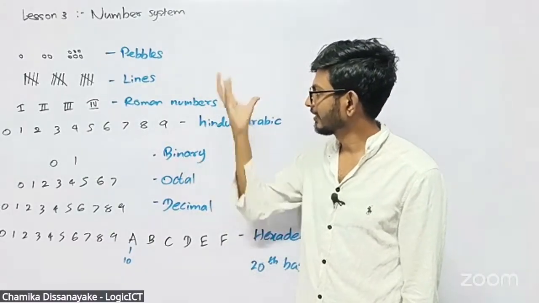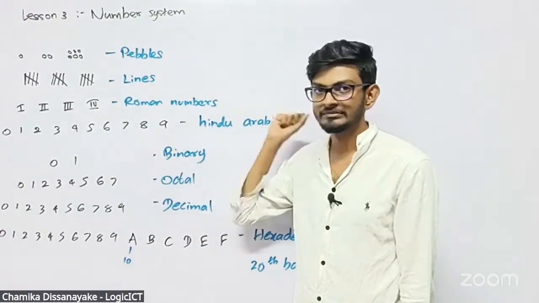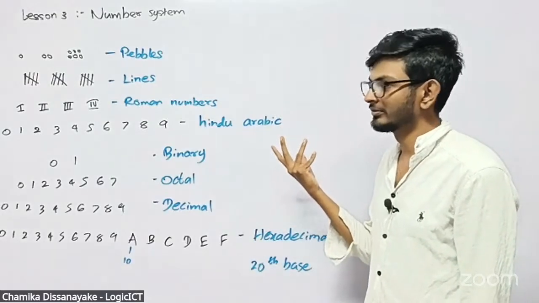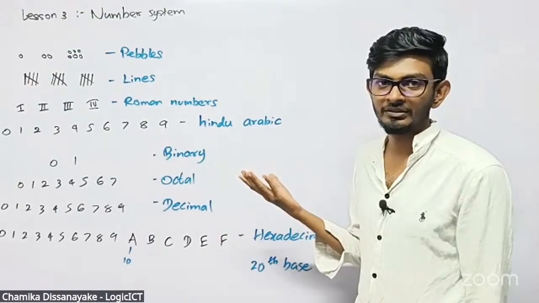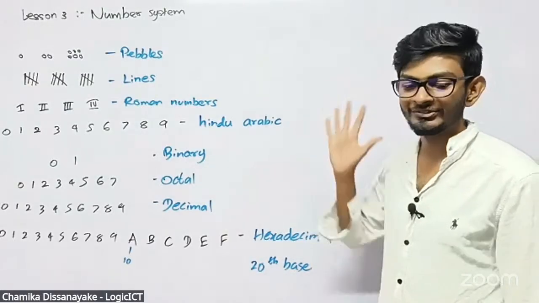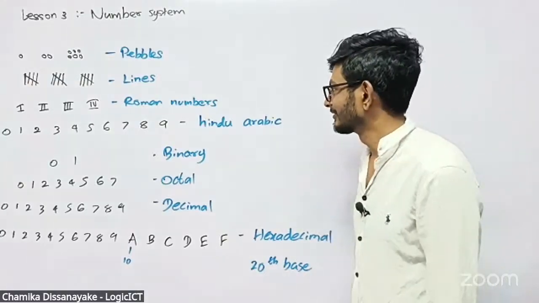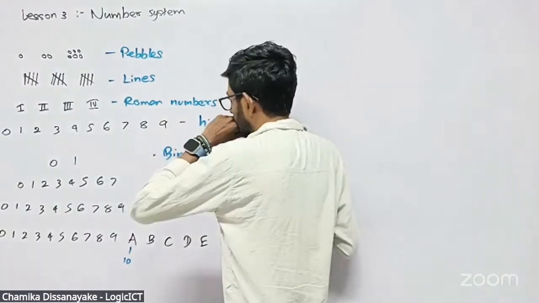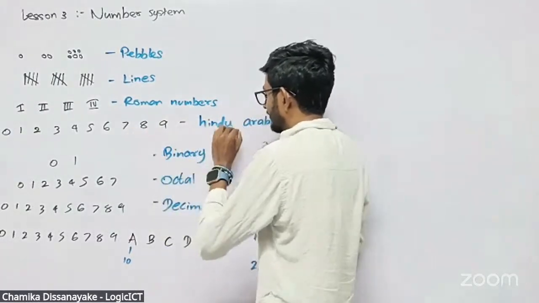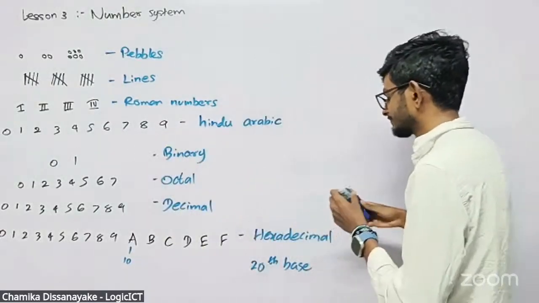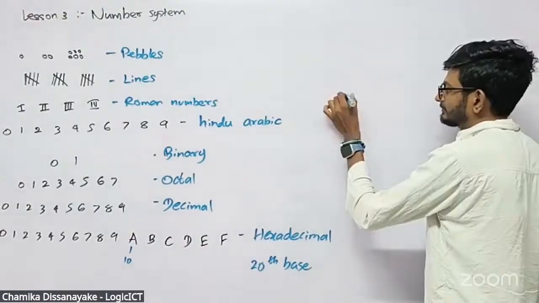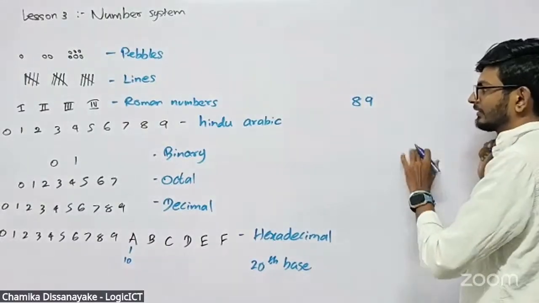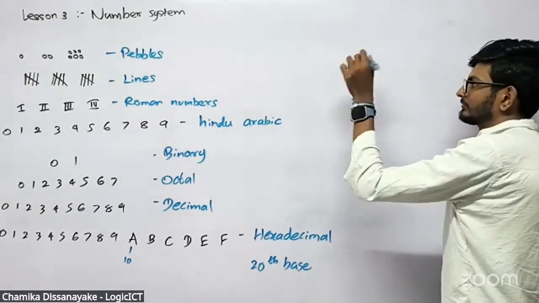So let's take an example. Think about you are a Roman student. That means you can use these Hindu-Arabic symbols to form a number, and also you are going to use Roman numbers to form a number.